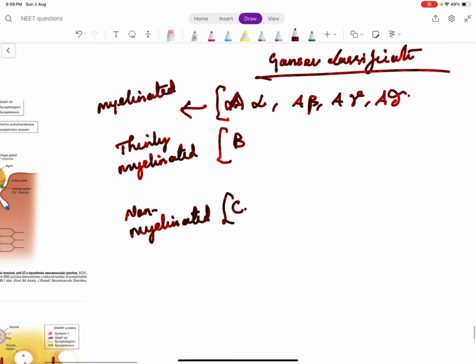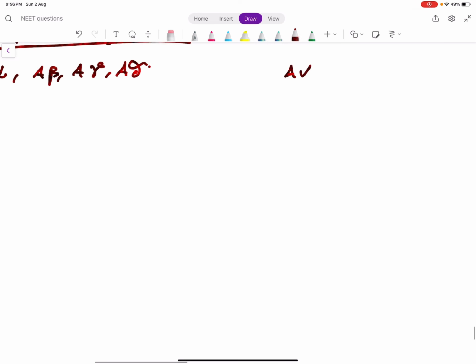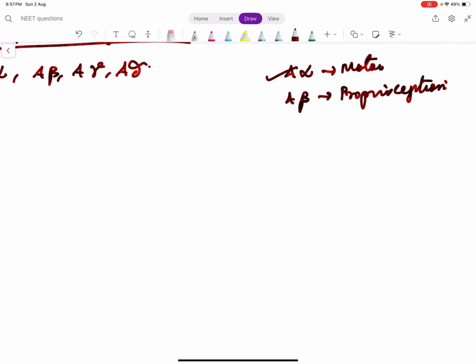Each fiber has a particular function. So A alpha fibers are the motor fibers. They carry efferent motor impulses to the muscle. A beta fibers are sensory. They carry proprioception. So motor and proprioception are very important. Their conduction has to be rapid. That's why A alpha has been designated for motor. A beta has been designated for proprioception.